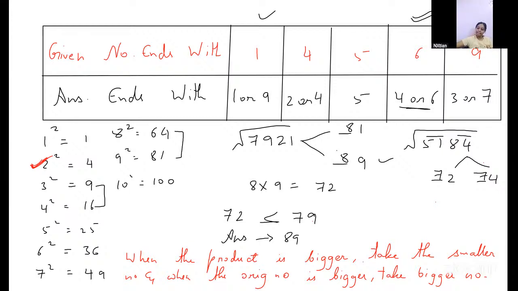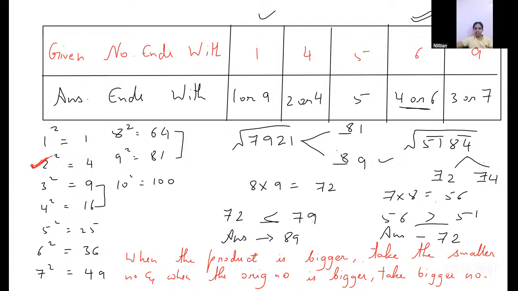Multiply 7 with the bigger number, meaning 8. 7 times 8, how much? 56. Compare 56 and 51. 56 is bigger. Okay, the product is bigger. So when the product is bigger, take the smaller number. So the answer becomes 72.